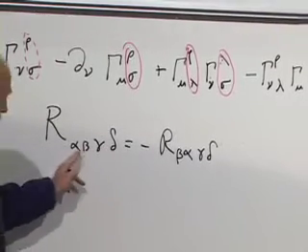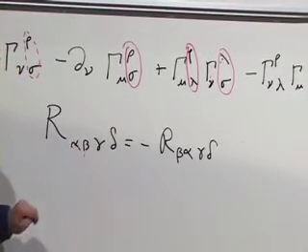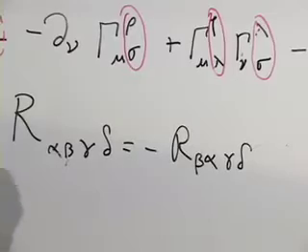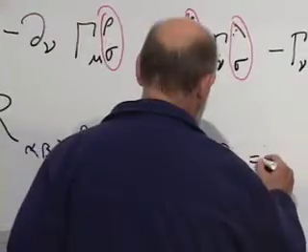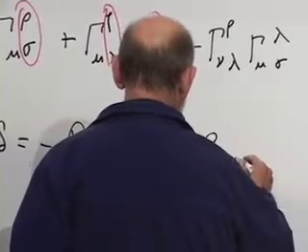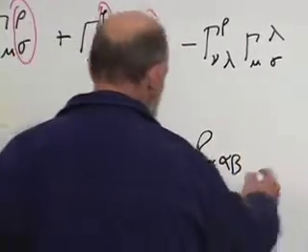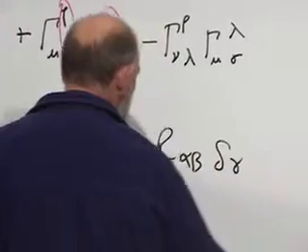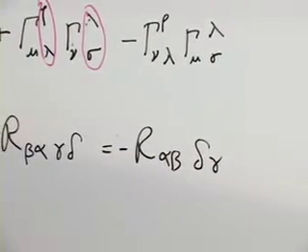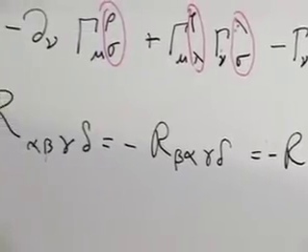That just says if you interchange alpha and beta, it's antisymmetric. It's also antisymmetric if you interchange gamma and delta, so it's also equal to minus R alpha beta delta gamma. Antisymmetric with respect to these two, and antisymmetric with respect to those two.